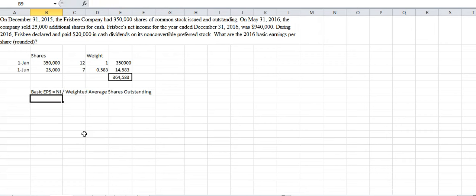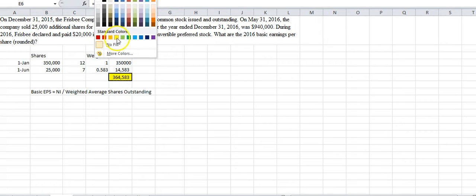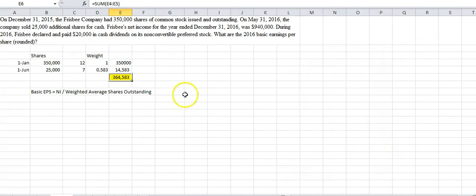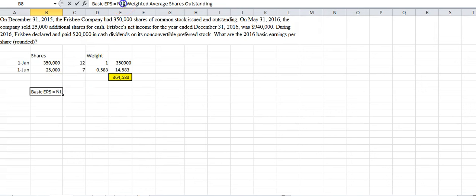So we've already calculated the weighted average shares outstanding. I'll give it that color. Okay, 364,583. What's the net income? Well, it says net income here, but you have to make adjustments to net income, right? Because you must subtract payments to preferred shareholders, preferred shareholders dividends.